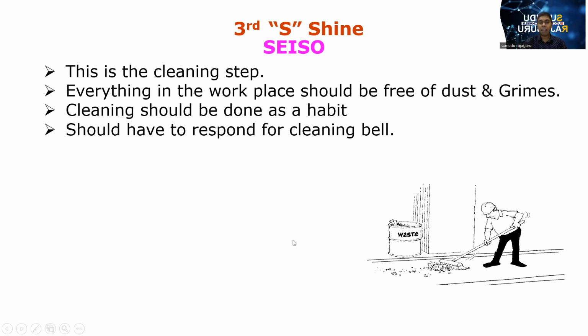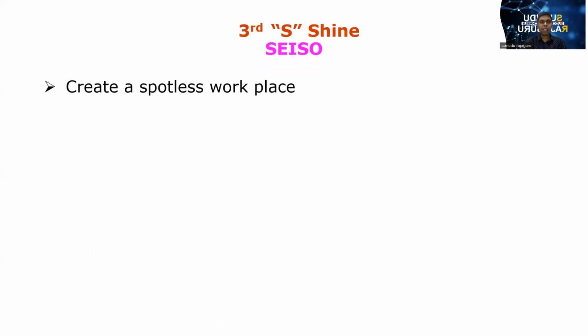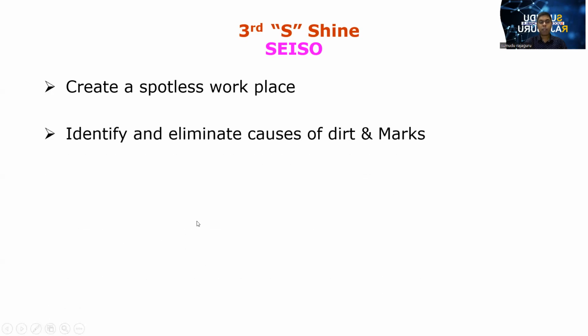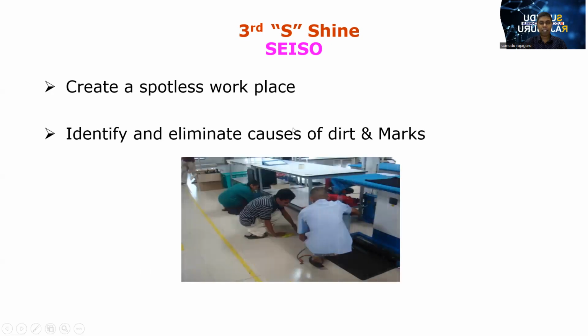Then we can take everyone's contribution for the cleaning activities. By doing Seiso, we can create a spotless workplace. Identify and eliminate causes of dirt and marks. This is a picture of the workers cleaning on the operation floor.